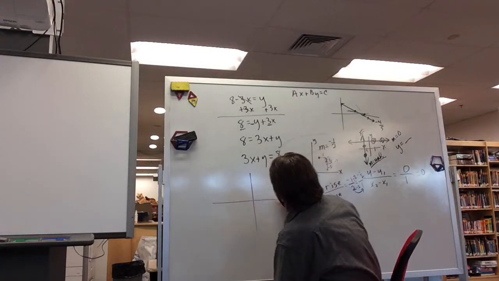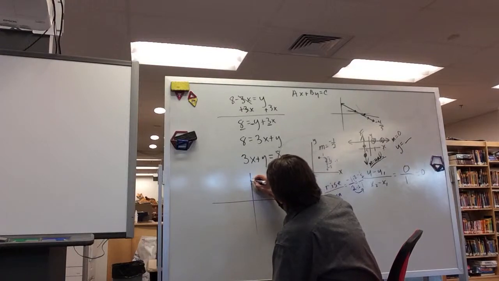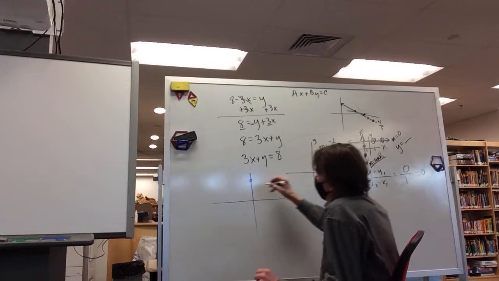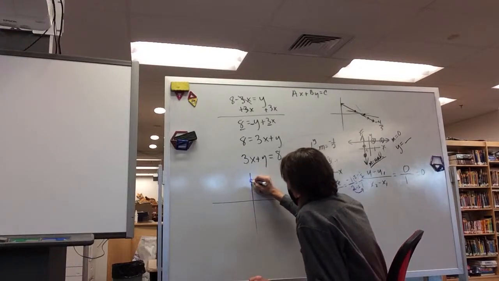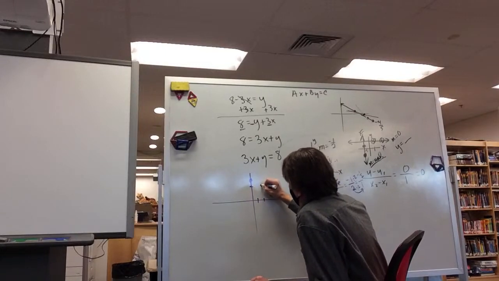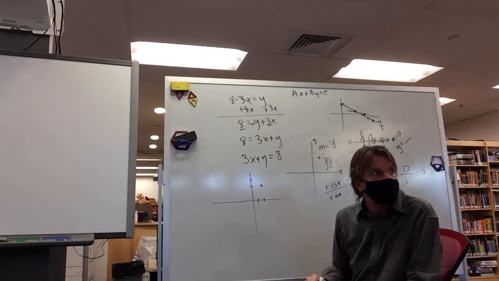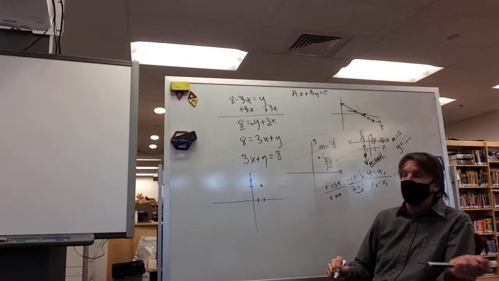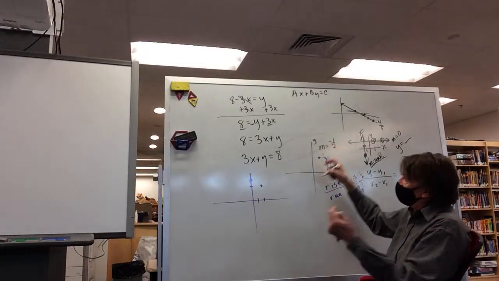Can I just start with this point and do a negative 1/2? So that'd be like down 1 and then over 2. That's how we've been graphing these. Down 1 over 2.